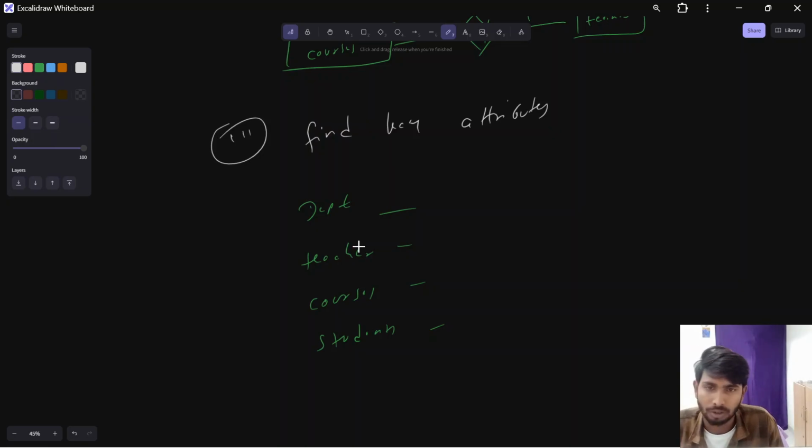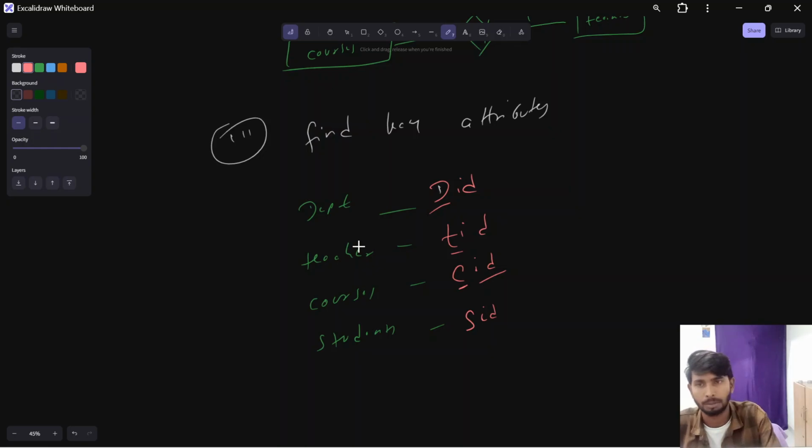For teacher, some TID. For courses, some CID. Courses ID, teacher ID, department ID, and S stands for SID, or we can say roll number. Now we have attributes DID, TID, CID, SID, meaning the ID for each particular one.